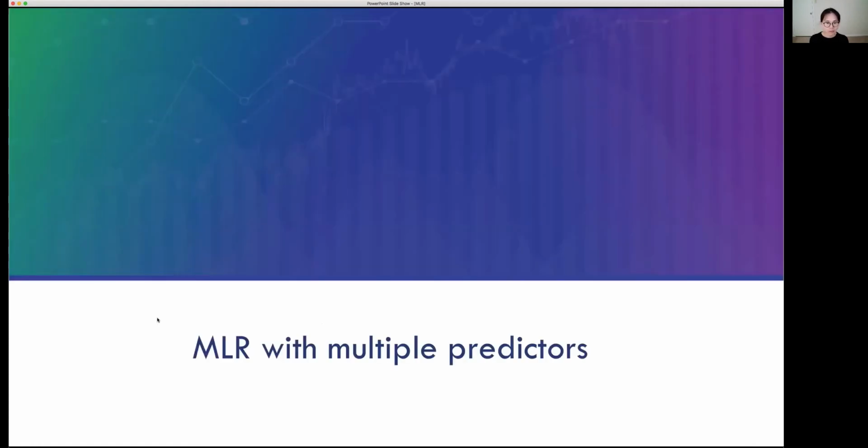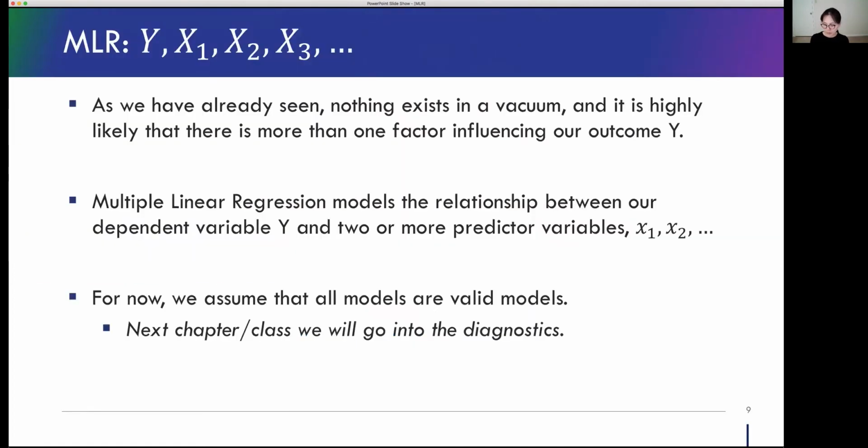All right. Okay, so previously we had one predictor, but it was multiple terms because we had a polynomial term. And now we get to multiple linear regression with multiple predictors, which is a more generalized situation.